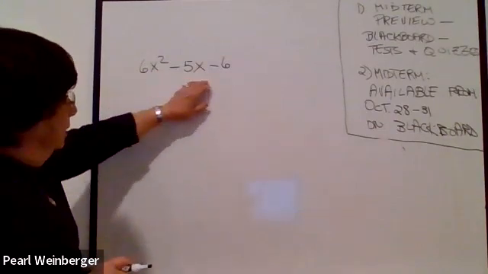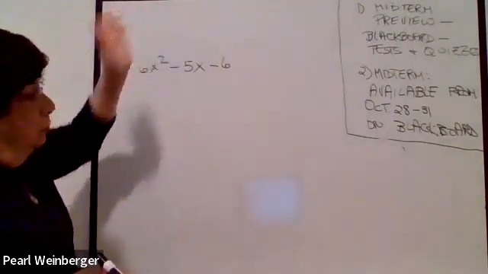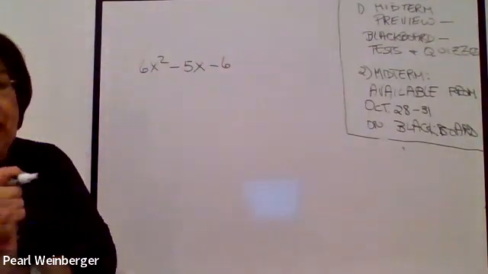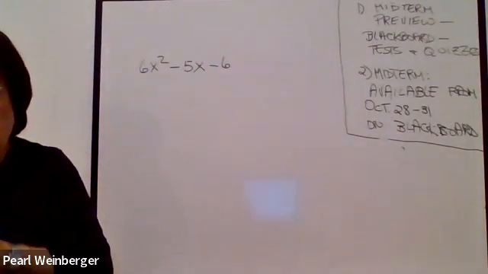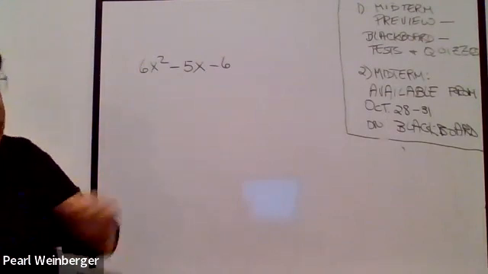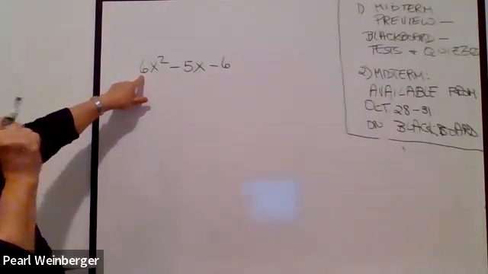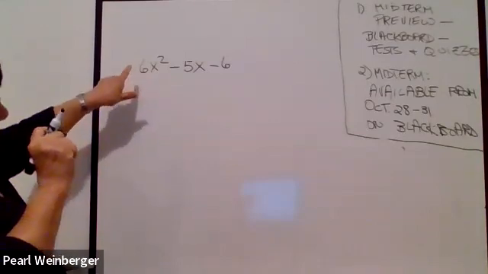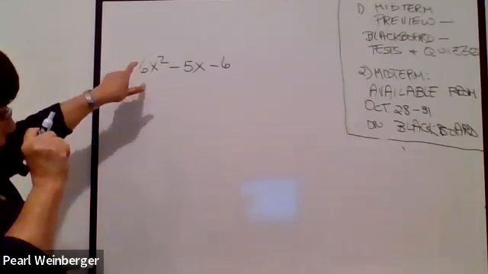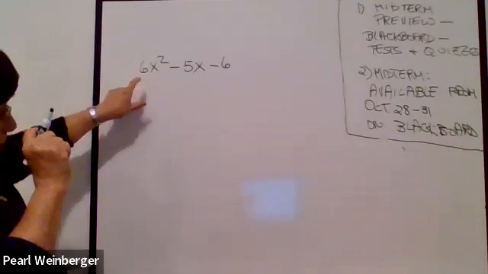So we're back at that same situation where we have a trinomial where the leading coefficient is not just a plain x squared. It's a number in front of the x squared, in this case 6x squared.